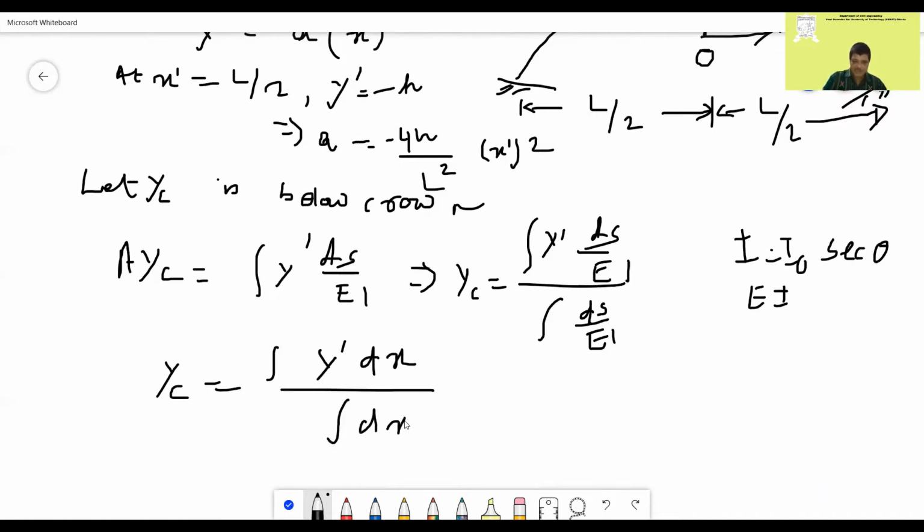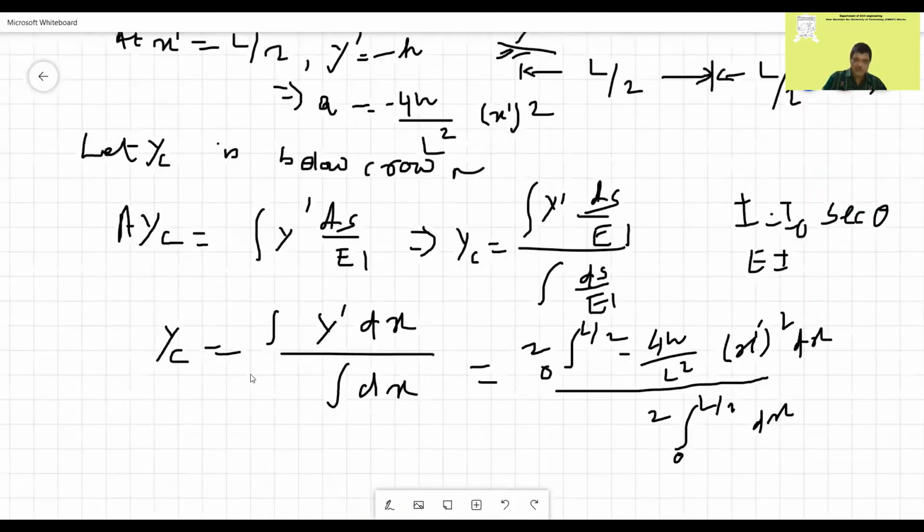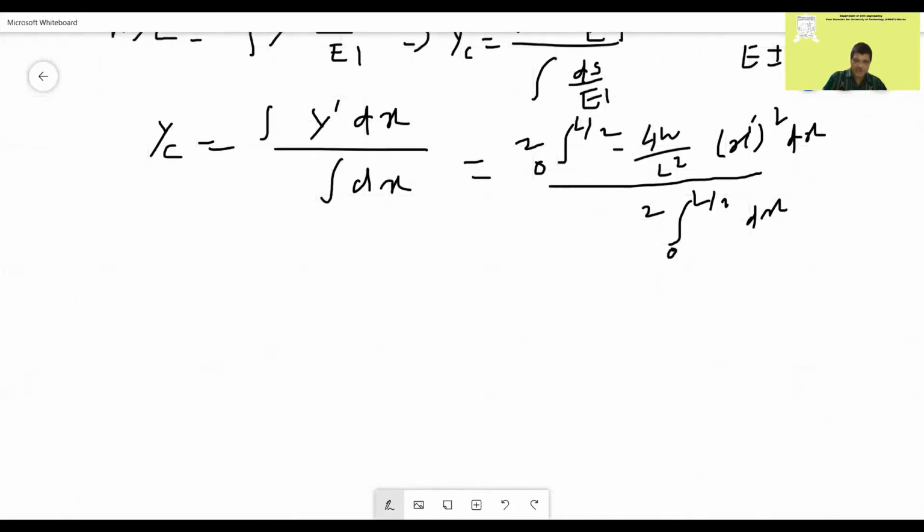So EI will cancel. Now do the integration from 0 to L by 2, into 2 on both sides, of minus 4h by L square into x dash square into dx, divided by the integral from 0 to L by 2 of dx multiplied by 2. So now I will do the integrations and put in the boundary values.